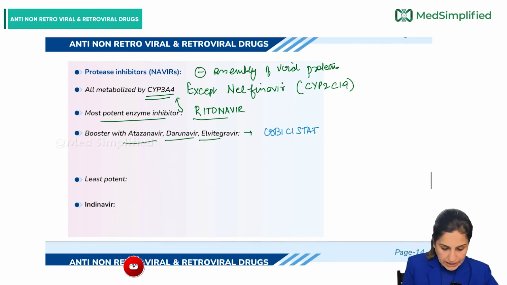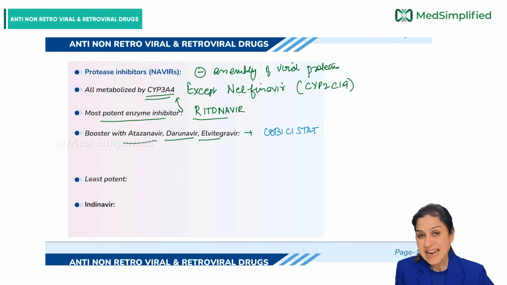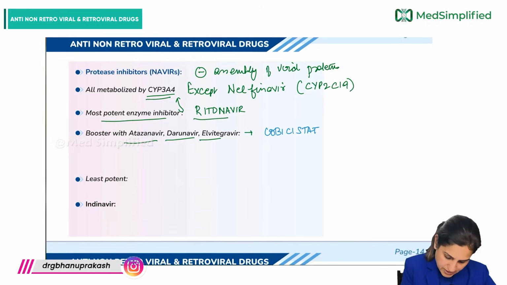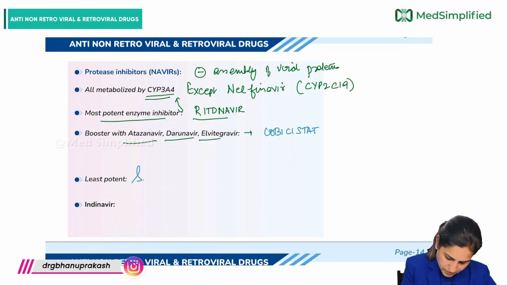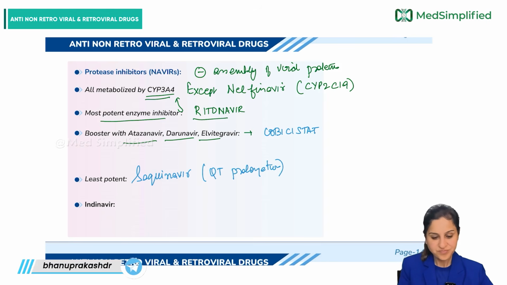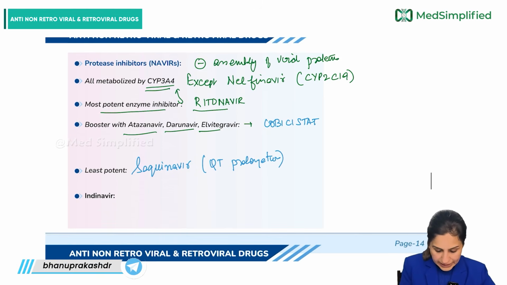Okay. Now, out of these navirs, the least potent protease inhibitor is saquinavir. And it has a problem of causing QT prolongation. Okay. Indinavir.